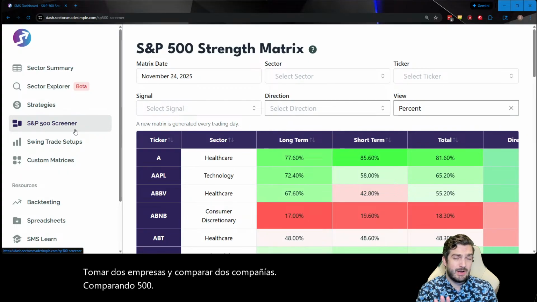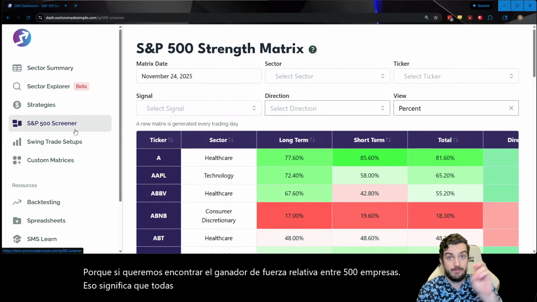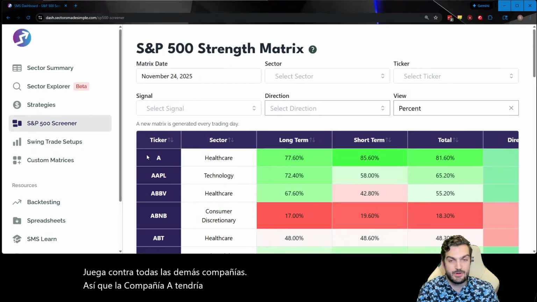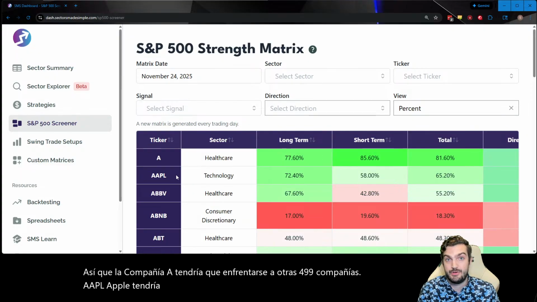Because if we want to find the relative strength winner from 500 companies, that means that every company needs to play against every other company. So company A would need to go up against 499 other companies. AAPL, Apple, would need to go up against 499 other companies.